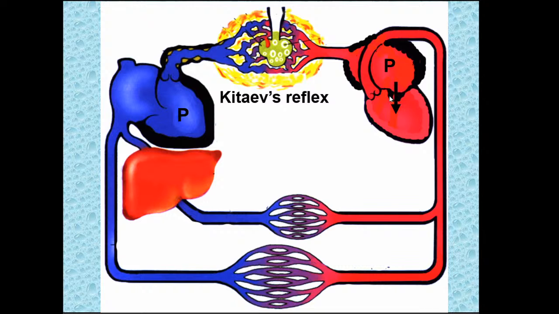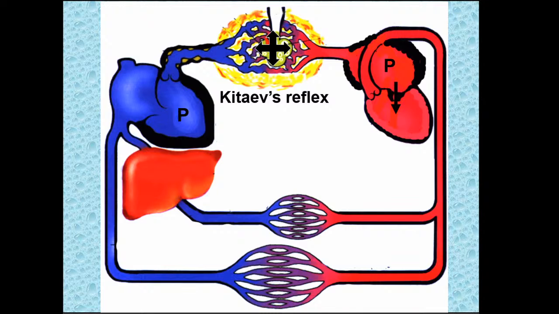To compensate for diminished blood flow through the narrowed stenotic mitral orifice, there is primarily increased pressure in the left atrium and its hypertrophy. To hold it, the organism involves the Kitaev reflex, characterized by spasm of pulmonary vessels, which overloads the right ventricle and provokes its hypertrophy.